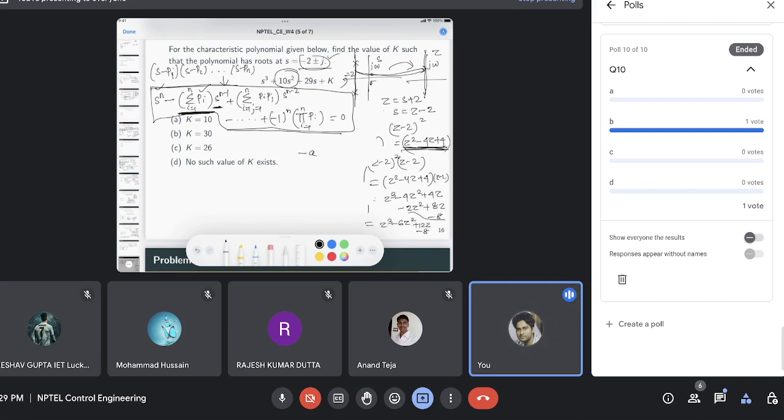Why? Can anyone answer? Can the third pole be imaginary? It cannot be, because imaginary poles should be in pairs, like -2 plus minus j.